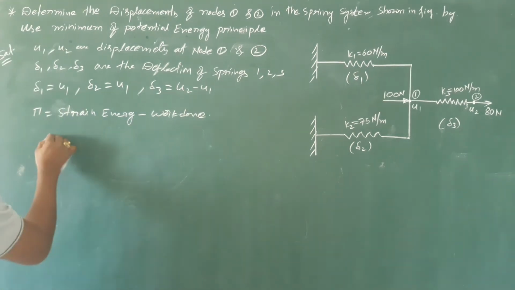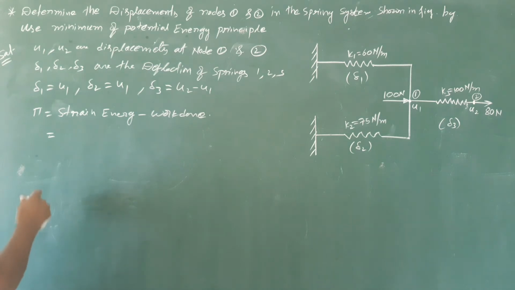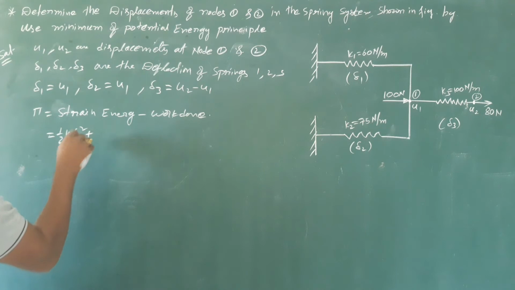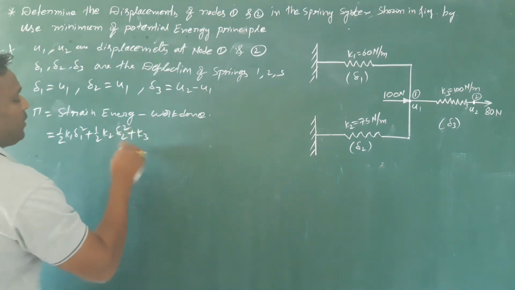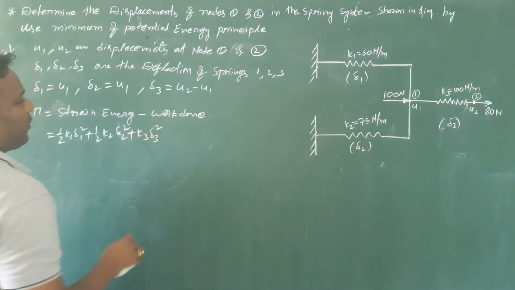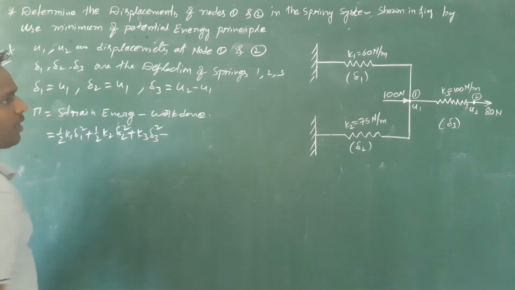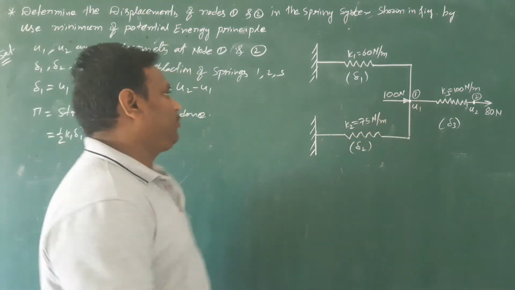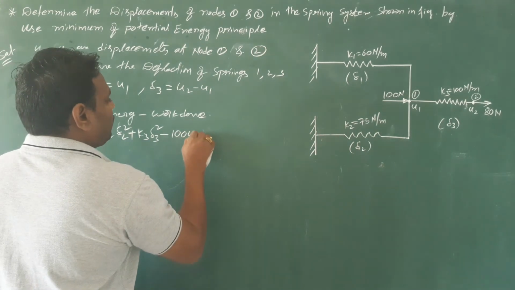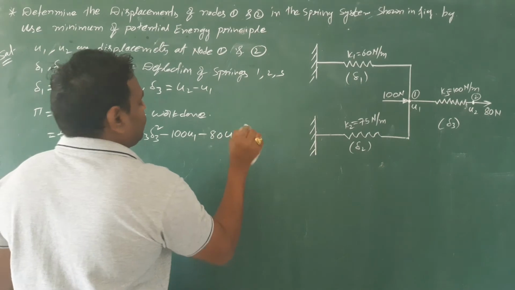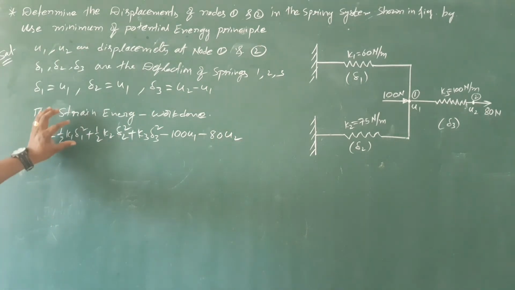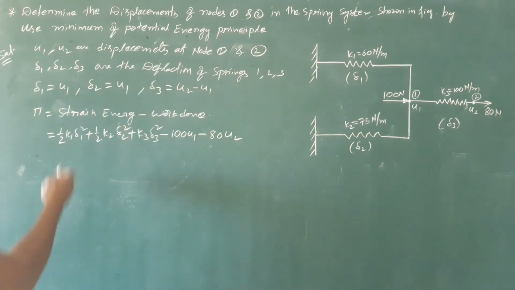Strain energy in each element is half K1 delta 1 square plus half K2 delta 2 square plus half K3 delta 3 square, minus the work done by the two forces, 100 into U1 minus 80 into U2. Now substitute delta 1, delta 2 and delta 3 in this equation.